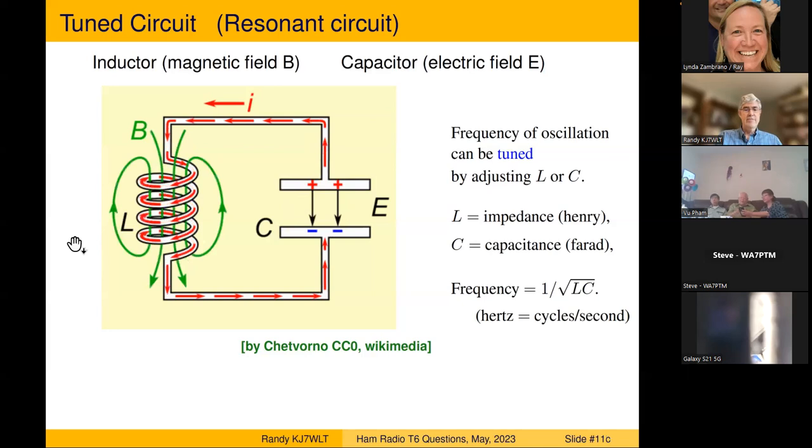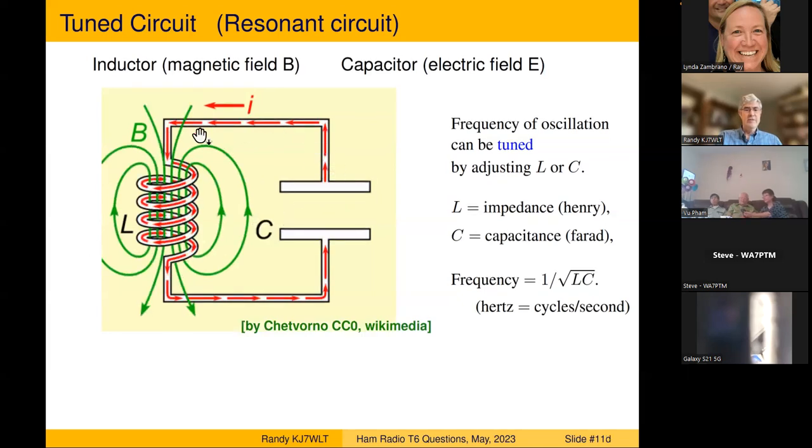At the time when all of the current is flowing and we have no potential difference across the capacitor, so there's no more electric energy being stored, then all of the energy is now being stored as the magnetic field in the inductor. And that magnetic field induces a current that keeps the current flowing for a while, even after it's gotten to this state where there's the same voltage on both sides of the capacitor.